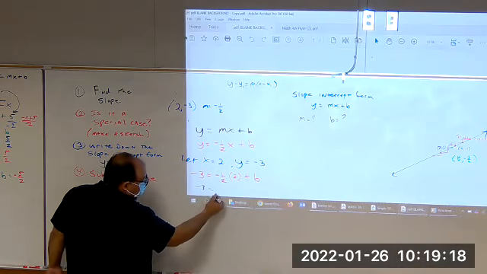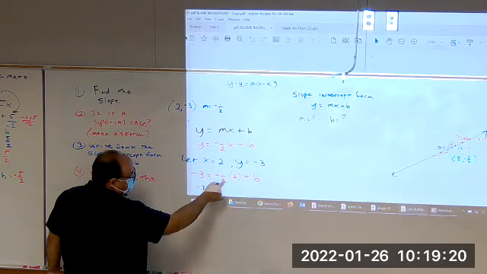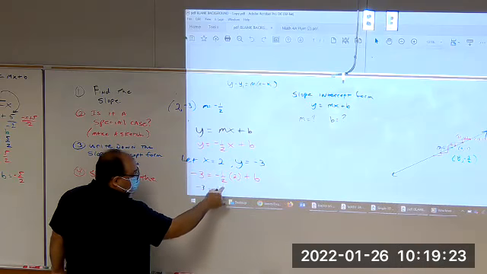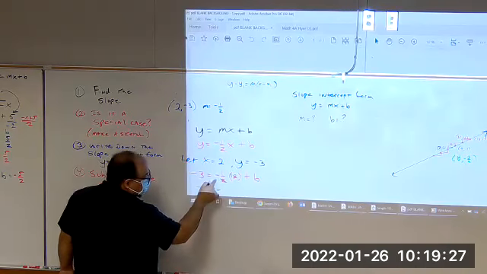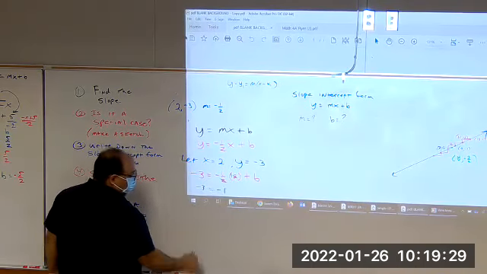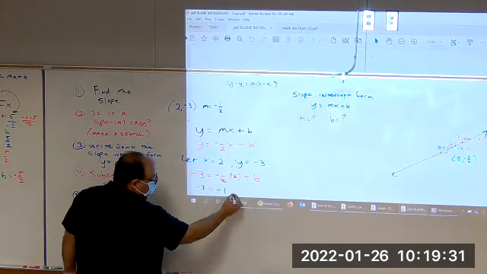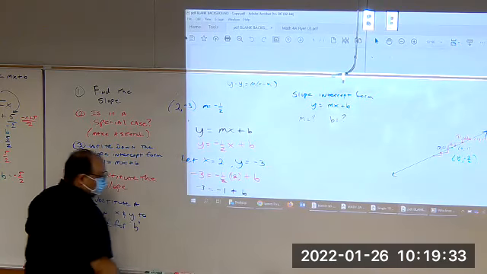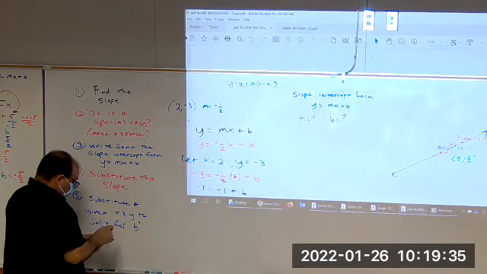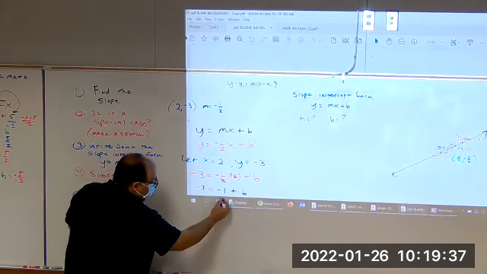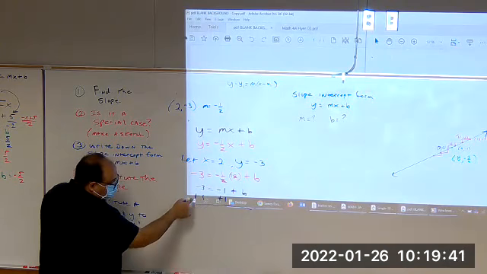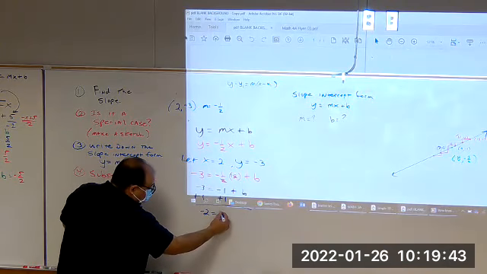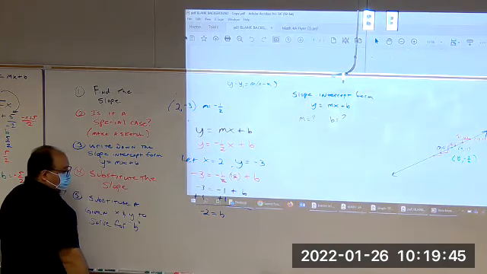Negative times a positive will be a negative, 1/2 times 2. 2 goes into 2 one time, so -1 times 1, that's -1 plus B. Add 1 to both sides. -3 plus 1 is -2. So that's what our B is.